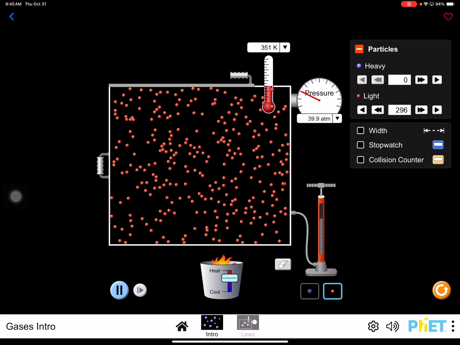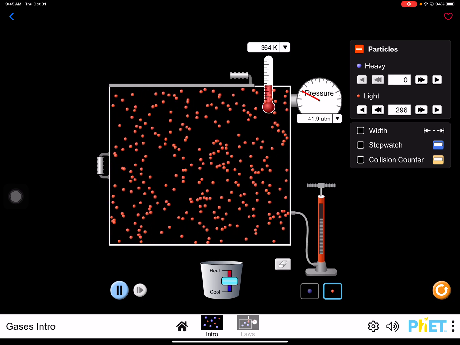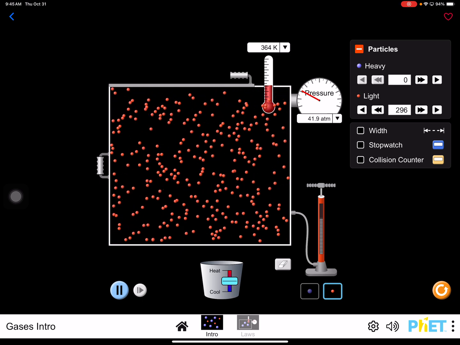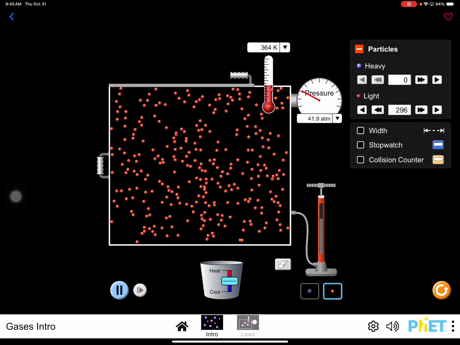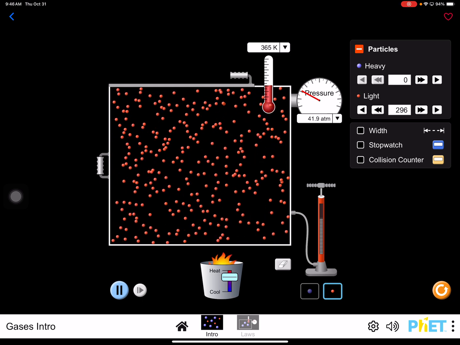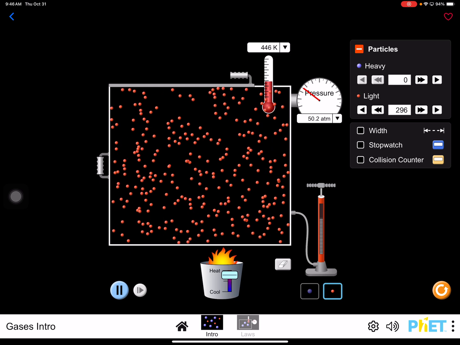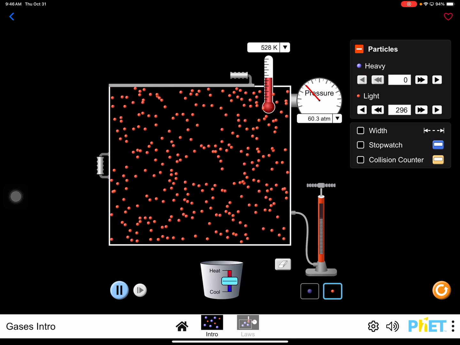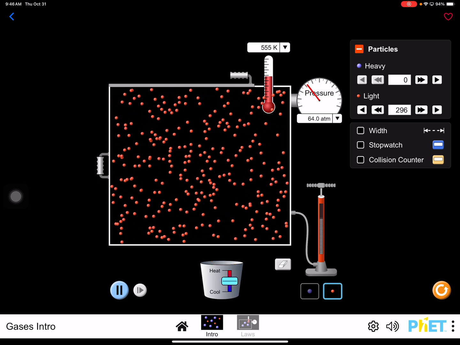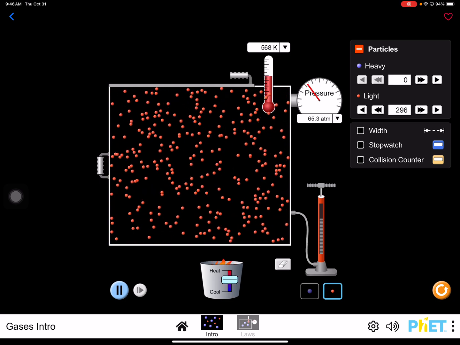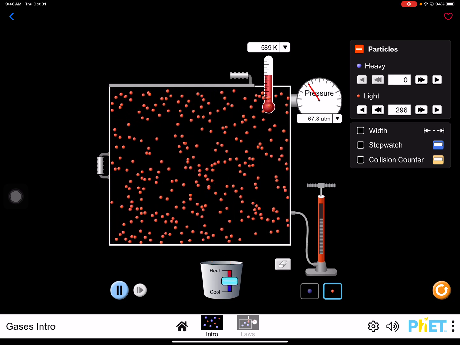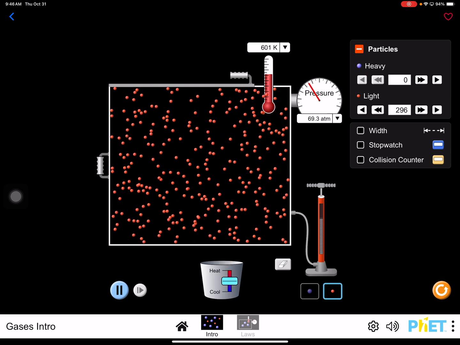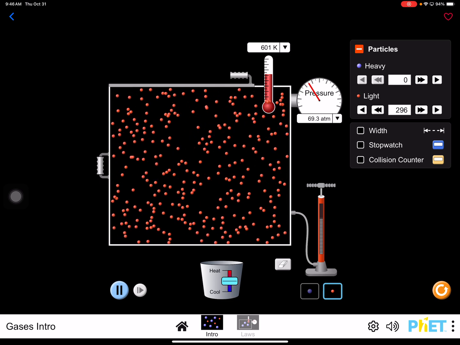I'm warming the gas, and you see the gas molecules are moving faster and faster, and the pressure is increasing because they're hitting the walls at a faster speed. And it all makes sense. There we go. I've doubled the temperature and the pressure doubled.